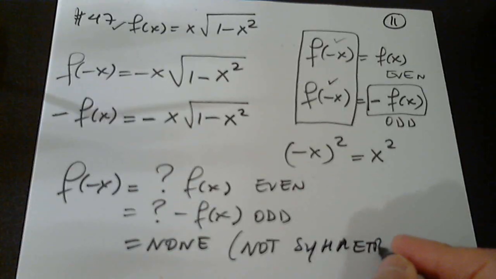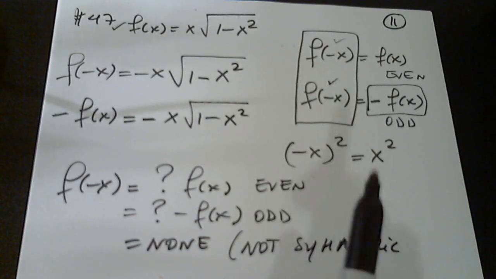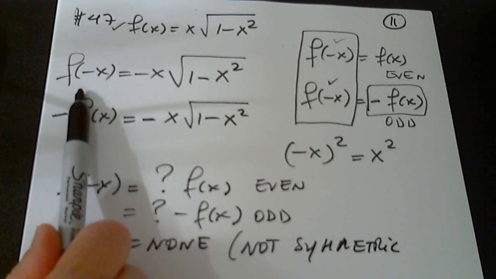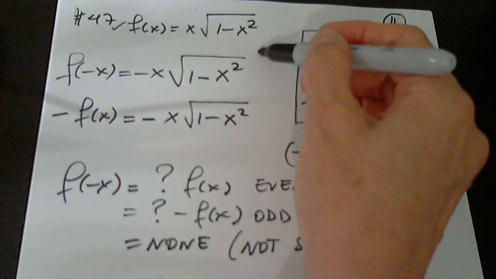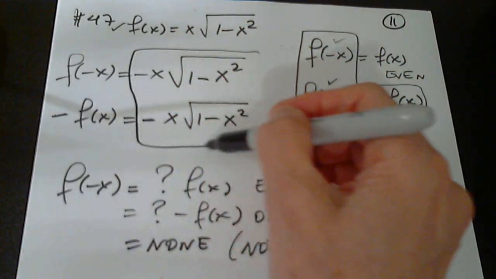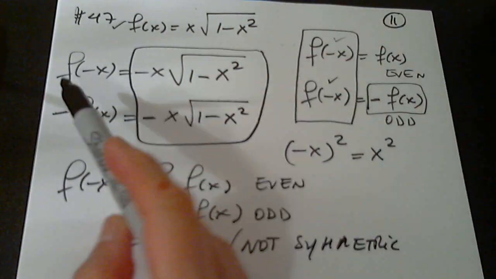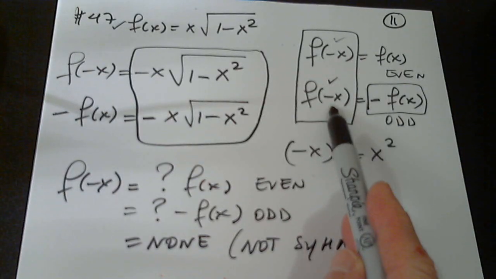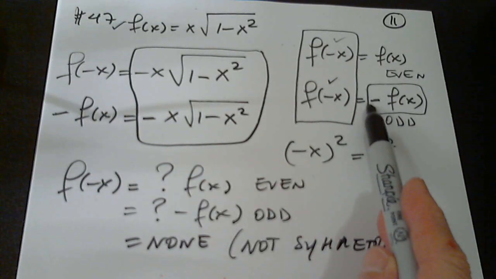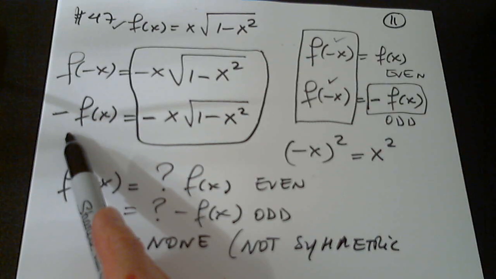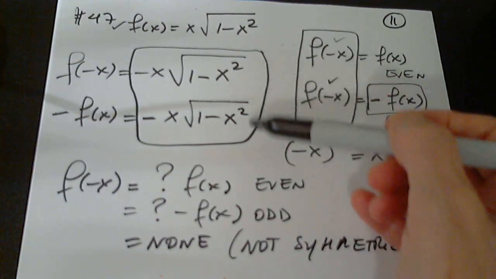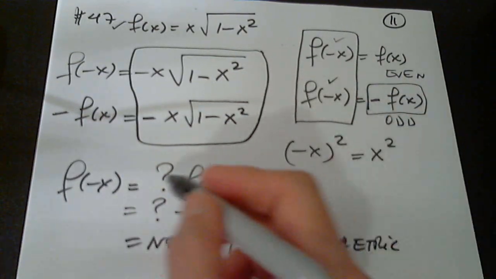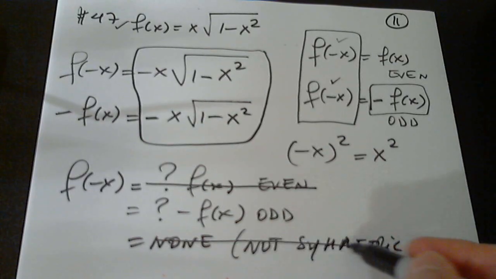Yes, odd, because these two quantities are equal. Do we see that? F of negative x is identical with the opposite of f of x. Because these two are equal, the function is odd. Not this and not this.